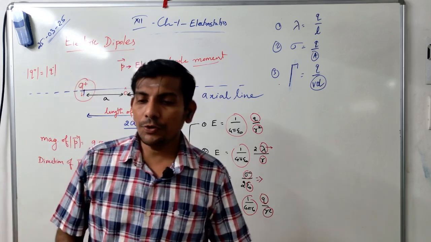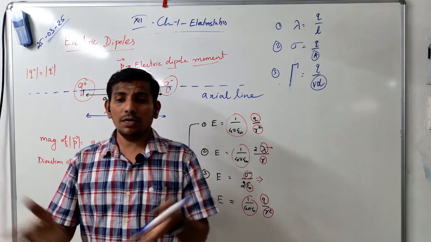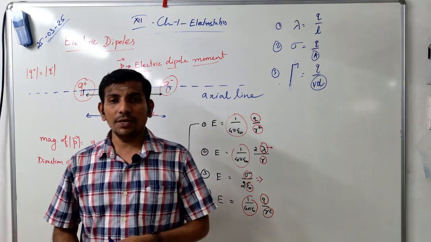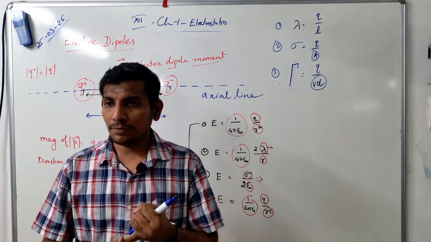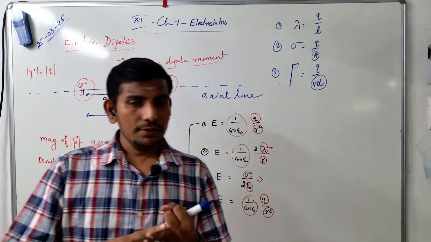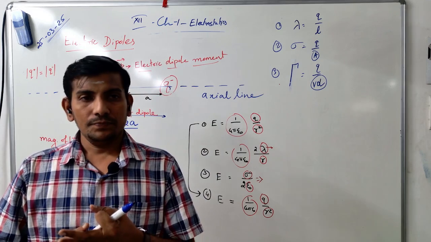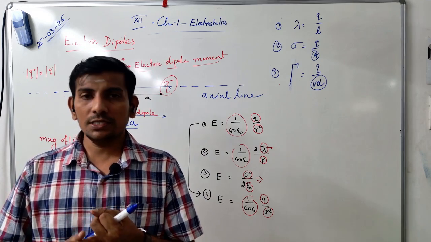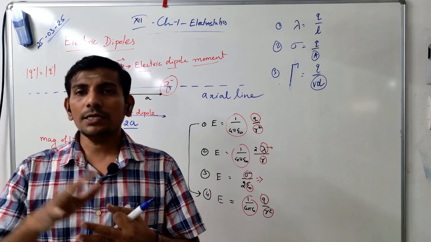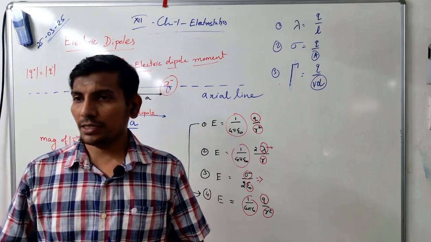And the electric field due to any group or system of charges is described by three factors: medium, distance, and the source strength. These are the three factors which decide.